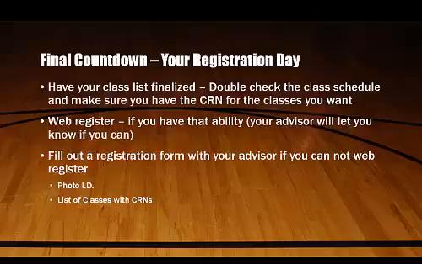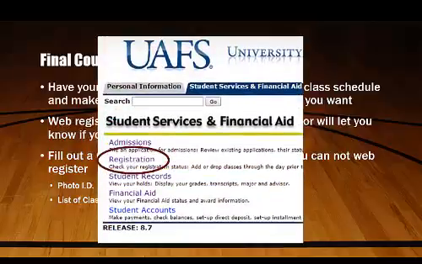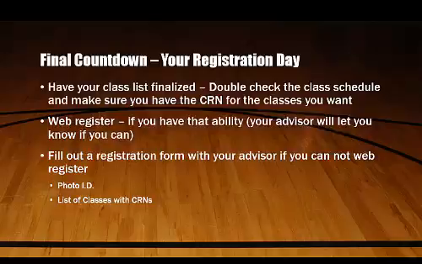You can web register if you have the ability, and your advisor will let you know, and that is found under the Banner self-service page, and you just click on registration and it'll allow you to register. If for any reason you are not able to register, this could be because you are in a developmental education course, or you have a hold, like a placement hold, that will not allow you to web register, we will have paper registration forms available for you, and you will do that with your advisor.